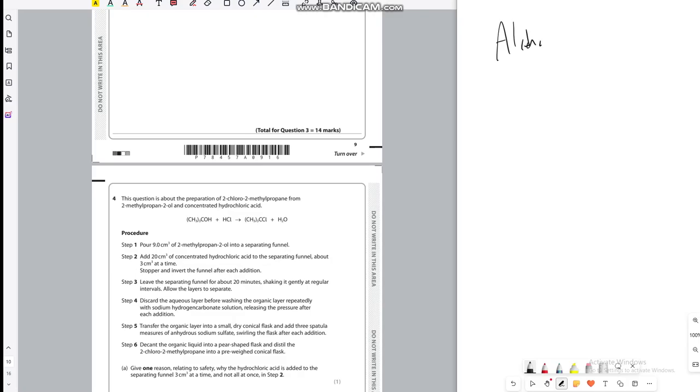It's alcohol plus HCl forming the haloalkane and water. So they say 9 centimeter cube. So the volume of the alcohol is 9 cm cubed.